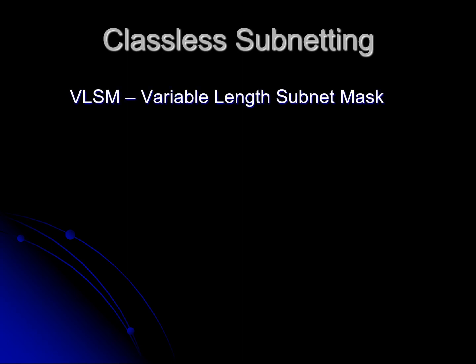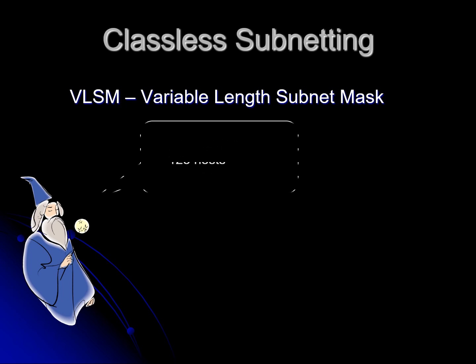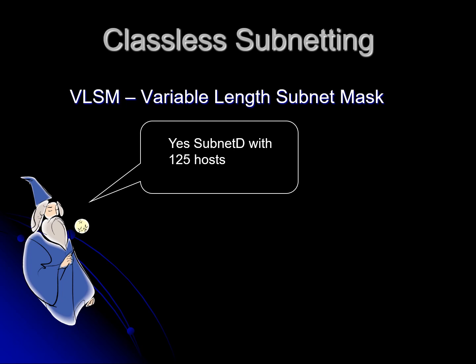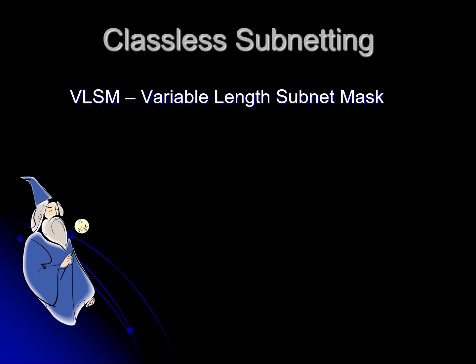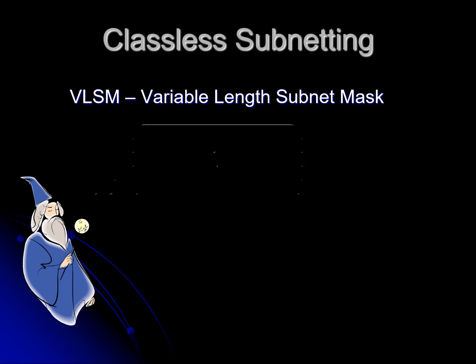So with classless subnetting, the next thing is, you've got your IP address in binary. Now we need to determine the largest network. Here, subnet D with its 125 hosts is the largest. To cater for those 125 hosts, how many bits do we need?